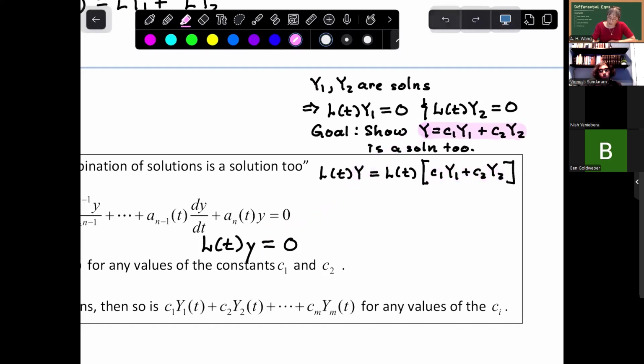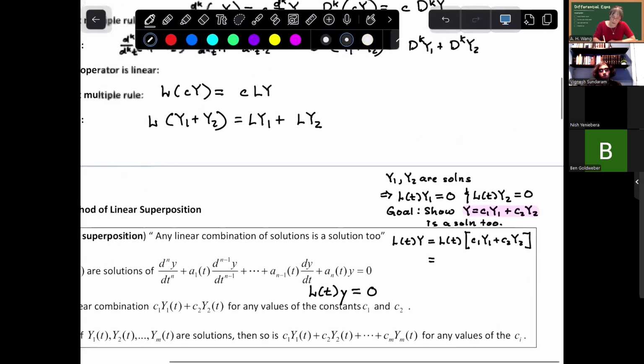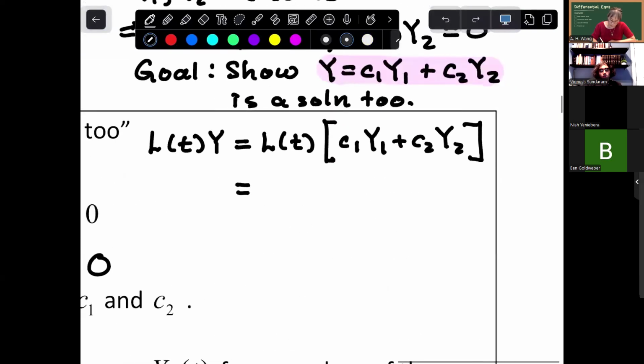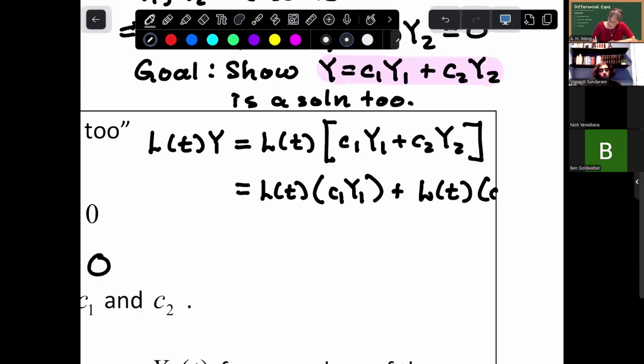Okay. And then remember, we just said that L of t is linear. So it's going to preserve vector addition. So it's going to go like this: L of the first guy, L of the second guy. This preserves vector addition.